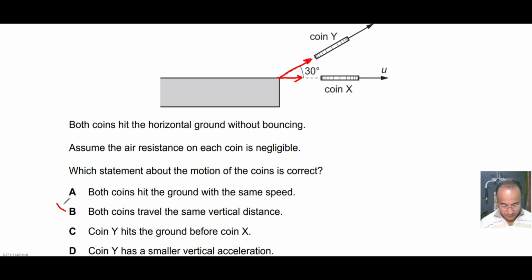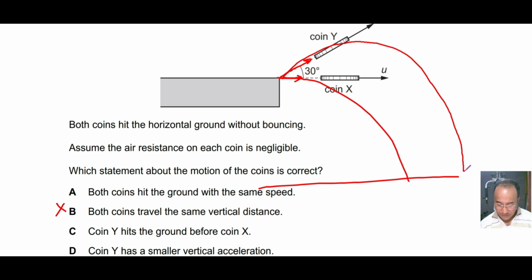Next is coin Y hits the ground before coin X. This is a bit unrealistic, because X does not have to travel any vertical upward, so it just comes like this and hits the ground. But Y has to go up like this and then come down.